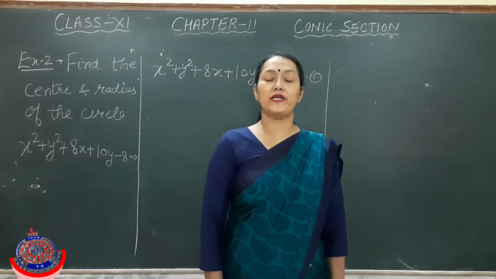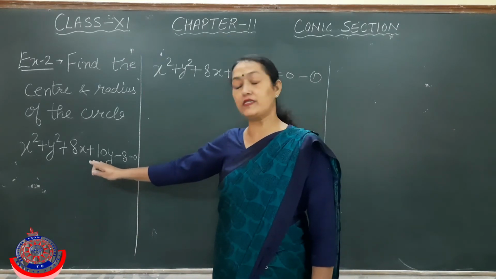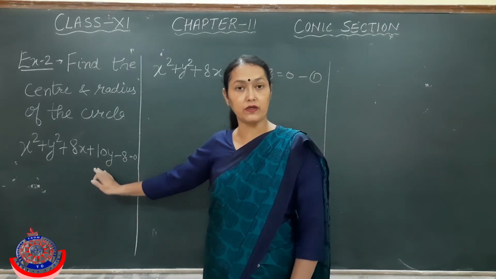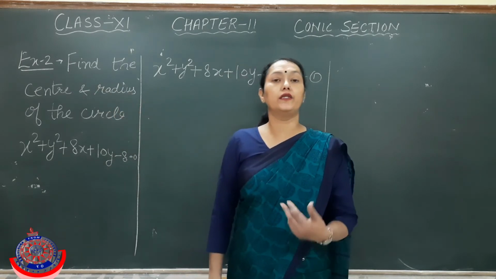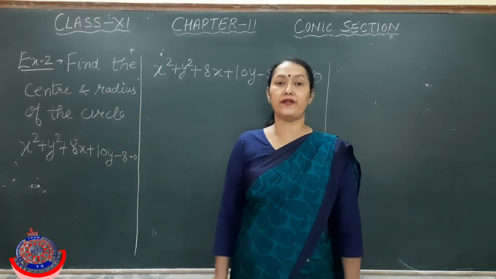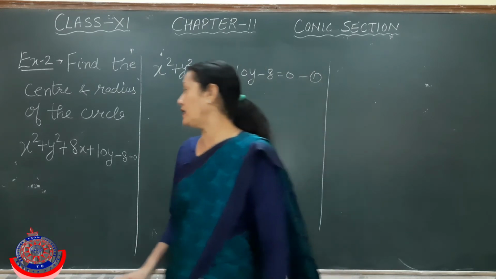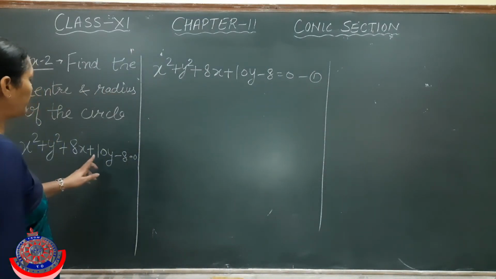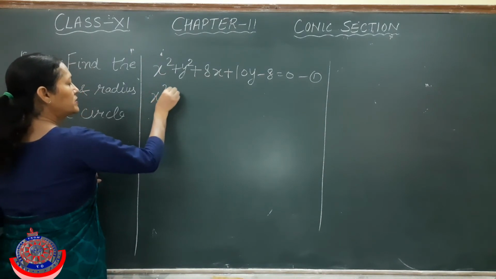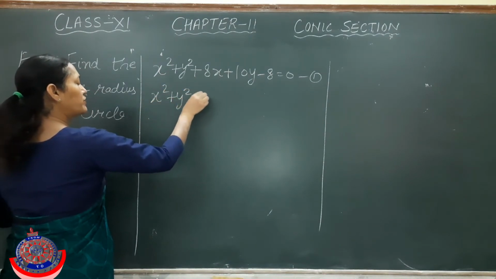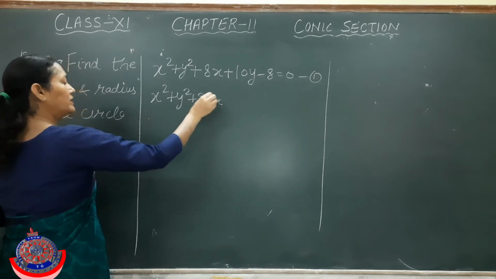Now you can get a question like this, where they have given us a general equation of the circle, and they are asking us to find center and the radius. There are two ways of finding center and radius. First method, compare your given equation with the general form of the equation that we have learned.